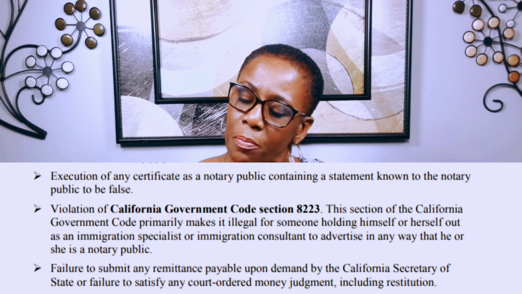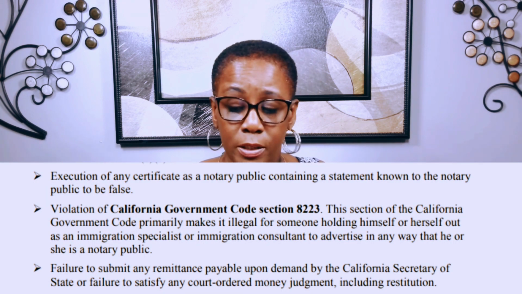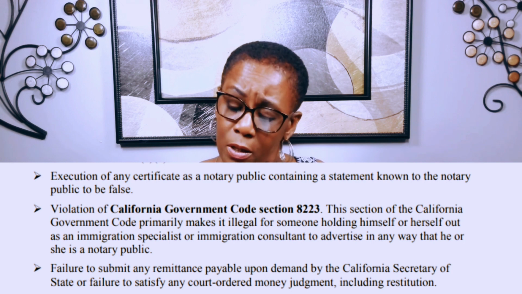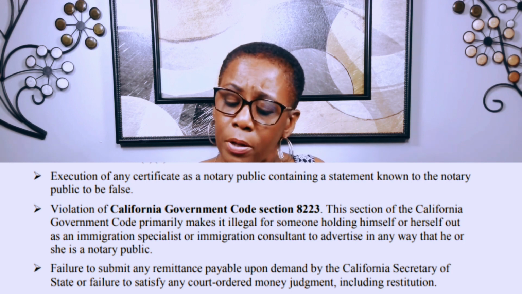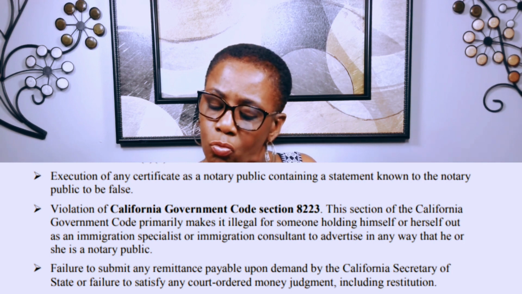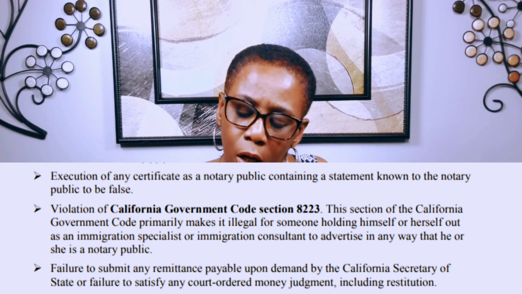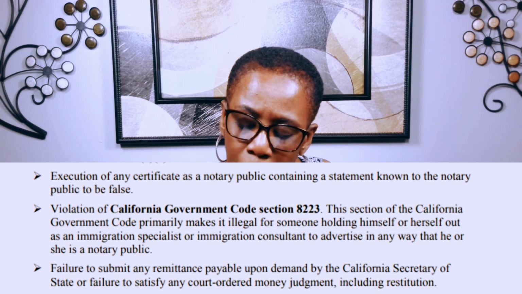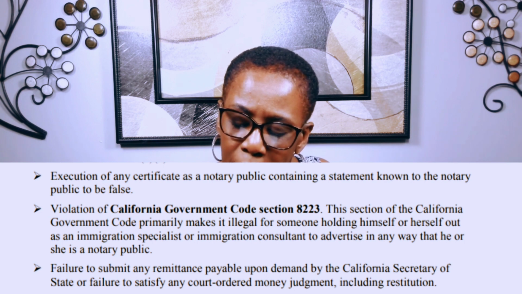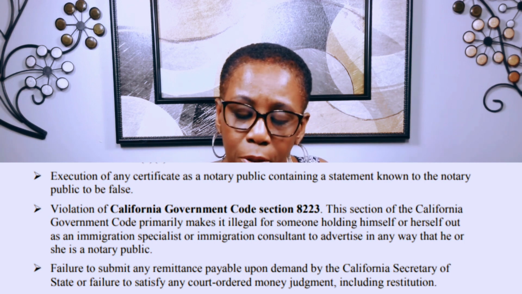There are civil penalties, $1,500 penalties imposed at least by the California Secretary of State for notary publics. There's a list of them, but I'm looking down at the third one that says execution of any certificate as a notary public containing a statement known to the notary public to be false.